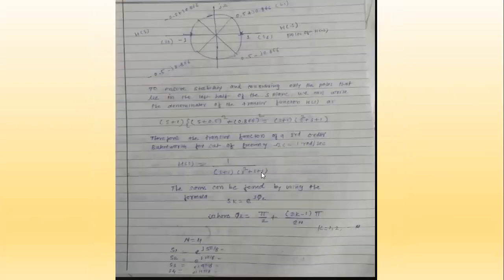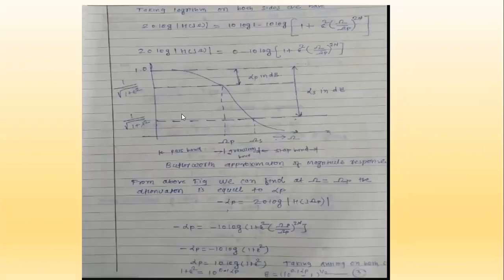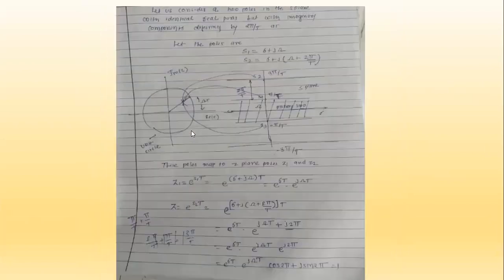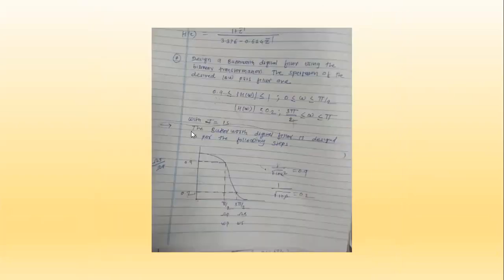So the same thing here, we have the discussion of how to find out the value. Now we are trying to find out different examples. So we have an example.